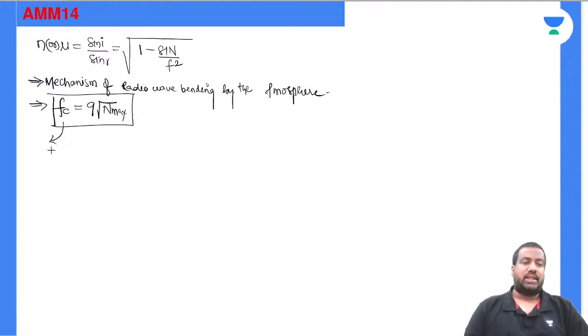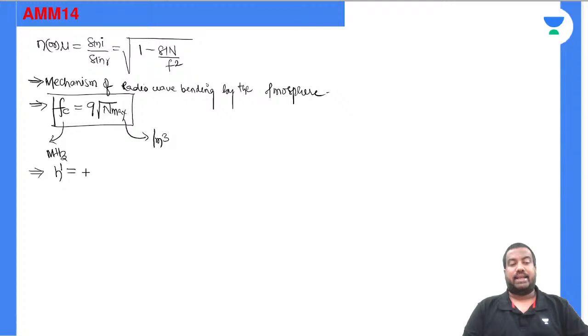Fc is the critical frequency measured in megahertz, and n max is measured in per meter cube. Critical frequency is defined as the maximum frequency that can be reflected back by the ionosphere at vertical incidence, or a minimum frequency that can be reflected back by the ionosphere at a non-vertical incidence. And also we derived the formula for calculation of virtual height, as actual height calculation is not possible, which is c into t by 2.